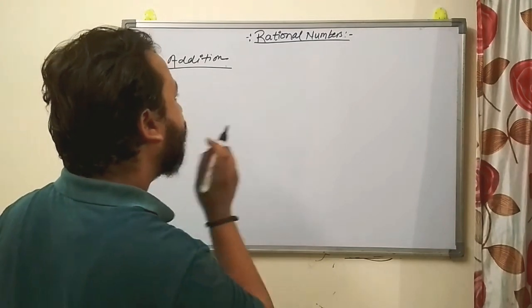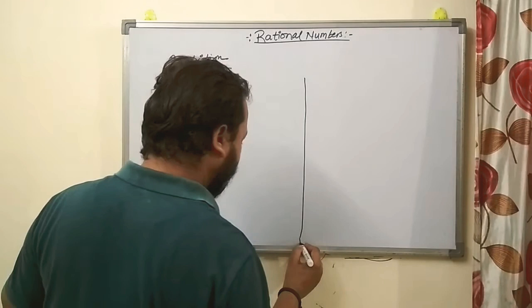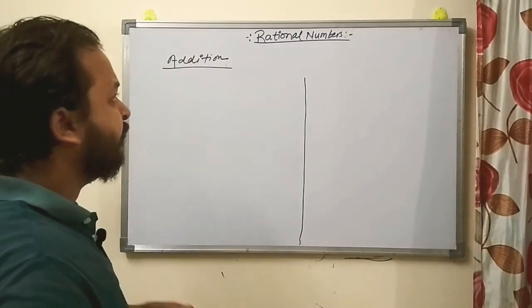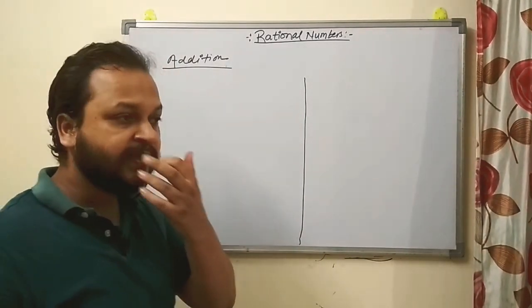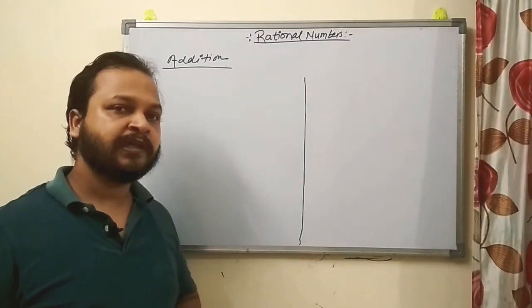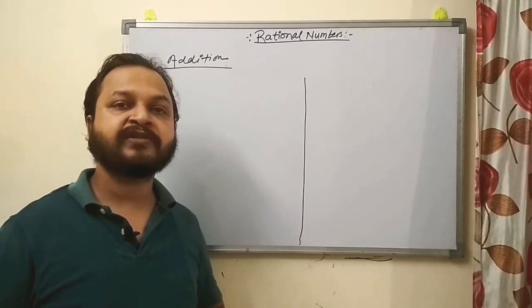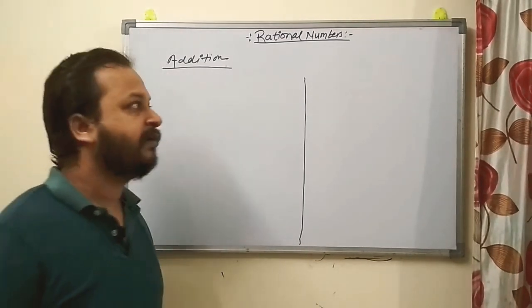So there are two types in addition, right? If we are talking about rational numbers, the first one is when the denominator of the rational numbers is the same while adding, and the second is when the denominators are different, right?